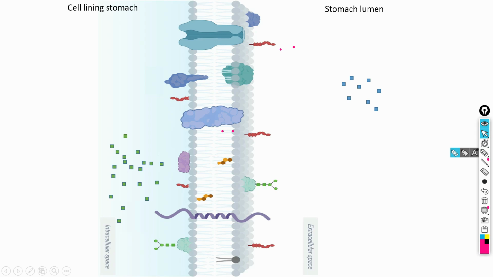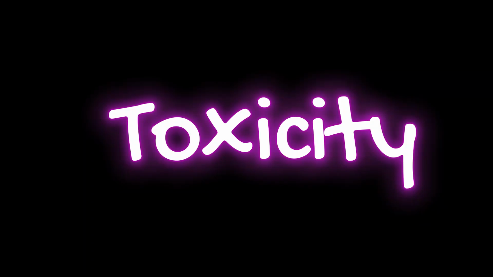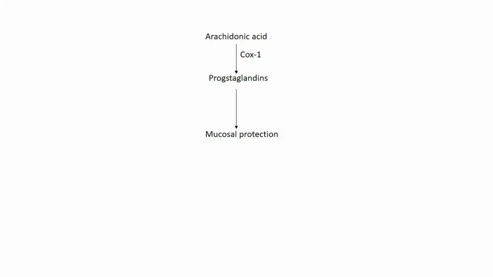Now, if the aspirin remains as ionized form within the stomach cell, there is a high chance of toxicity. This is the reason if we continuously take aspirin, the chances of stomach ulcer are too high because it inhibits the COX enzyme of the stomach cell. This COX enzyme is responsible for the production of prostaglandins.